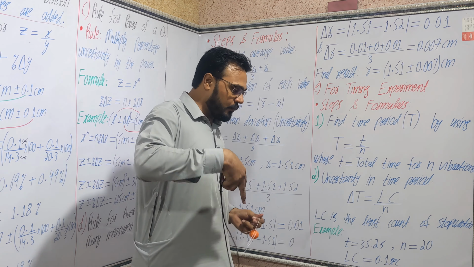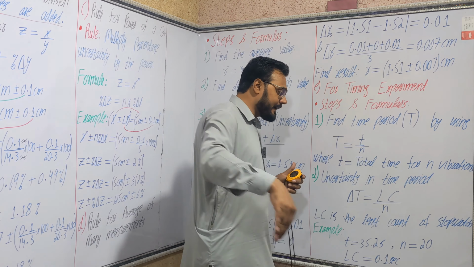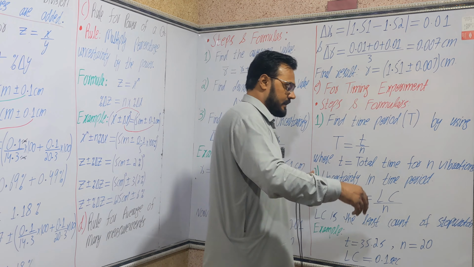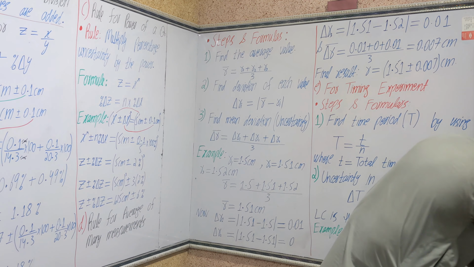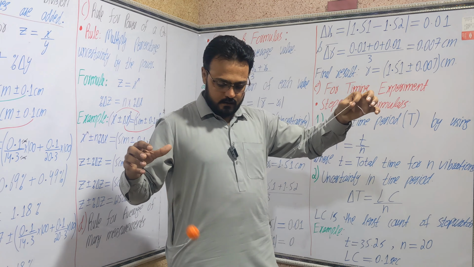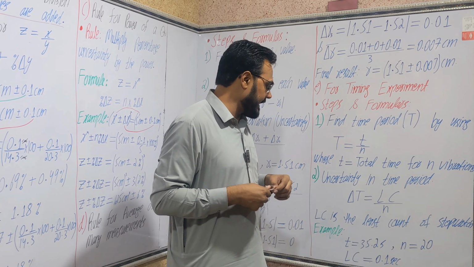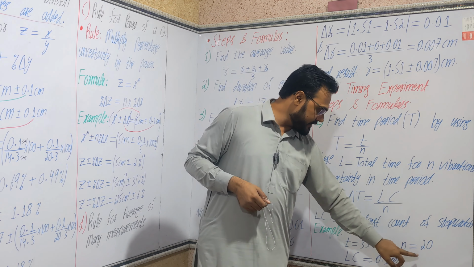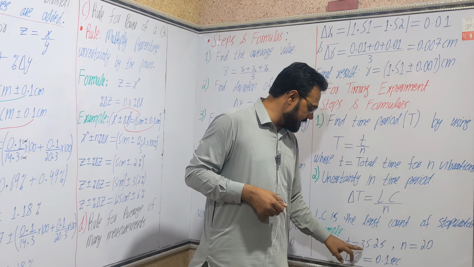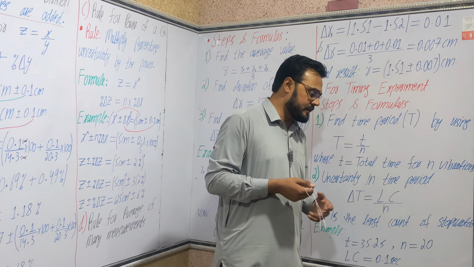Count the number of vibrations, 1, 2, 3, 4, and note the time by using the stopwatch. Find the time period. For example, for 20 vibrations, the time is 35.2 seconds.